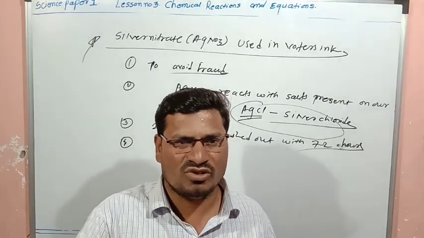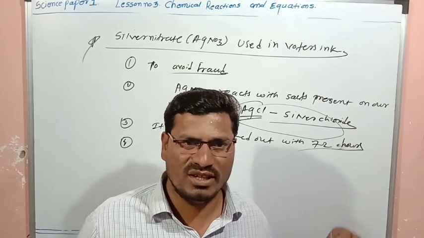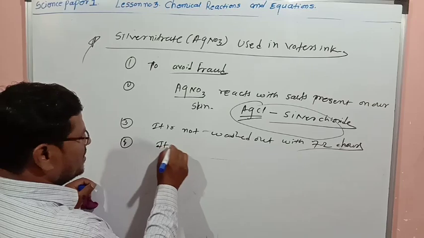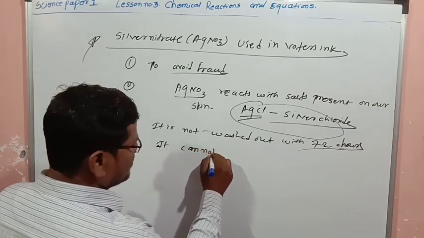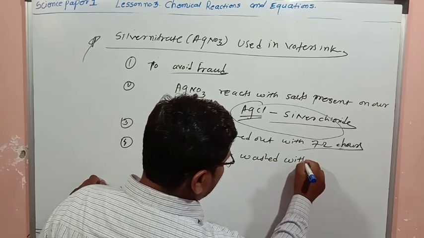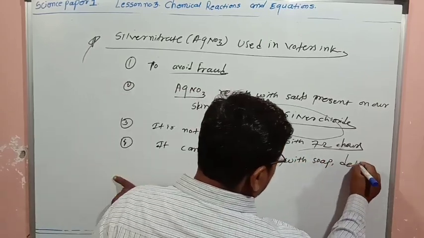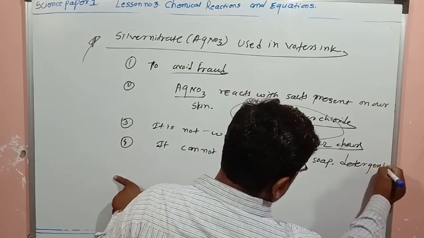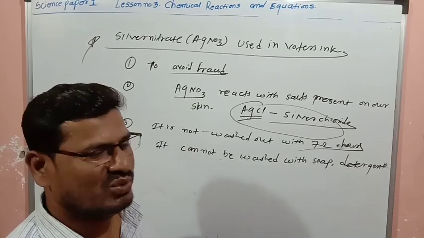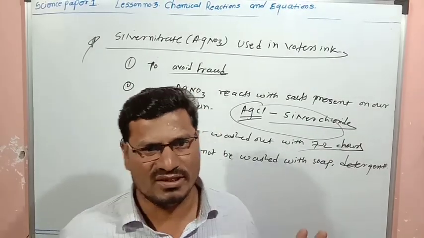When the dead cells of the skin are removed, then this ink layer will be removed. So it cannot be washed with soap or detergent, so it is used in the voter ink.